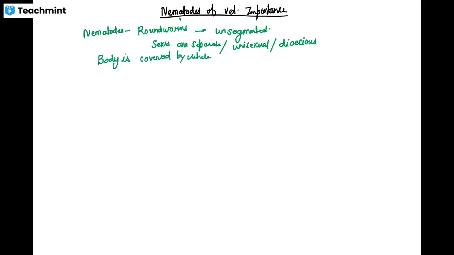They do not have respiratory and circulatory systems. In nematodes, most internal organs are suspended in the fluid of the body cavity.